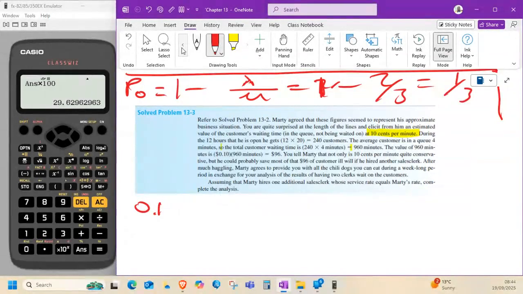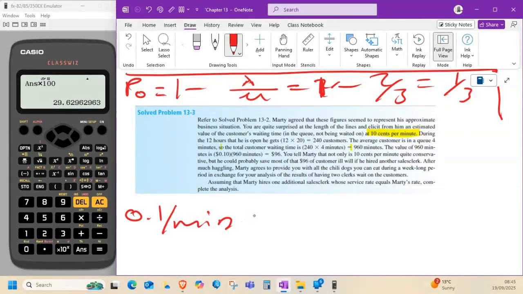You know it takes 100 cents to make $1, so 10 divided by 100 becomes per dollar, and then obviously per minute. Okay, that's the value that they're talking about.